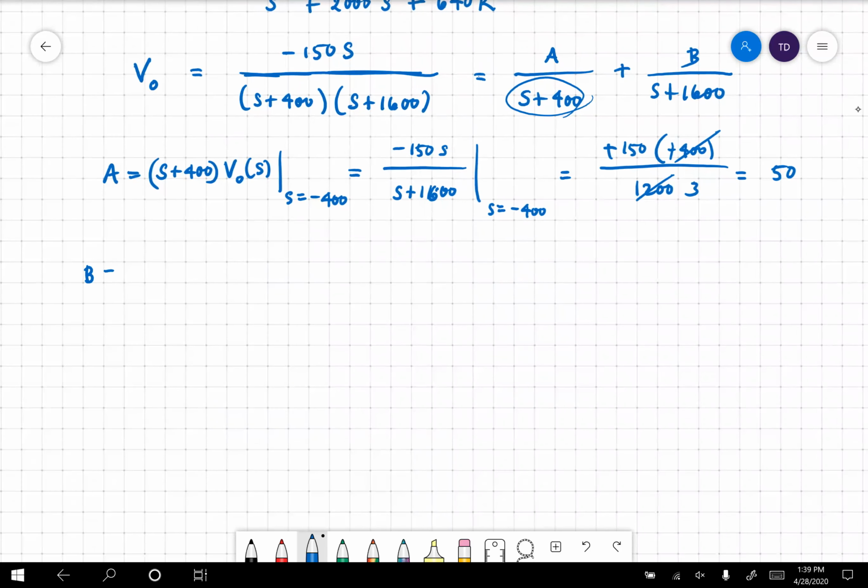B is equal to s plus 1600 times V0 of s, evaluated when s is equal to minus 1600, and that is equal to minus 150 s divided by s plus 400.